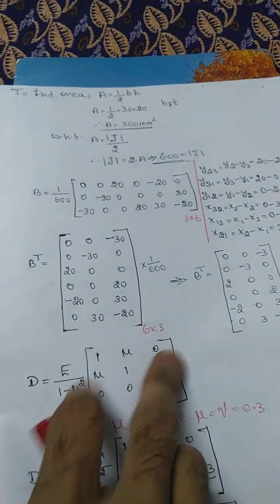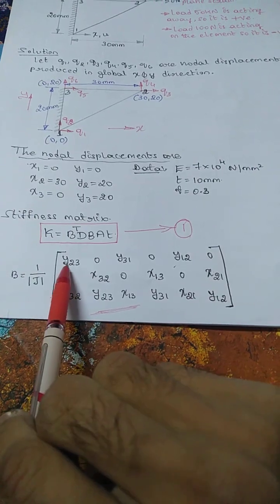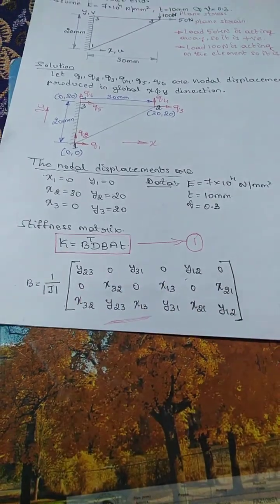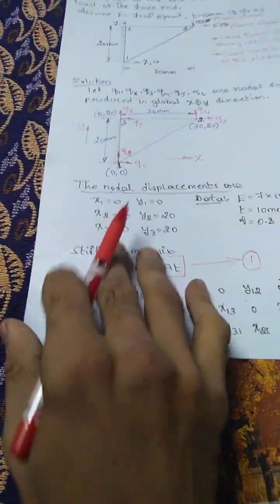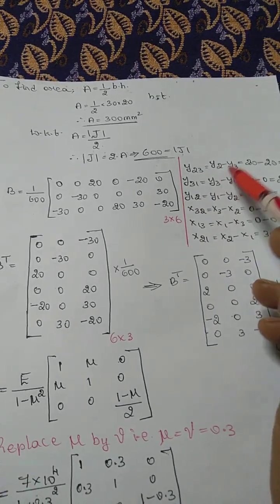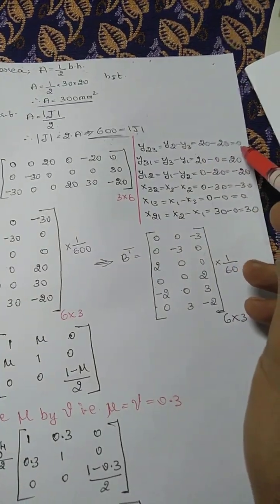Now here they have given this matrix with y23 and so on, so we have to substitute accordingly. Remember these values. See, y23 is y2 minus y3, which is equal to 0.